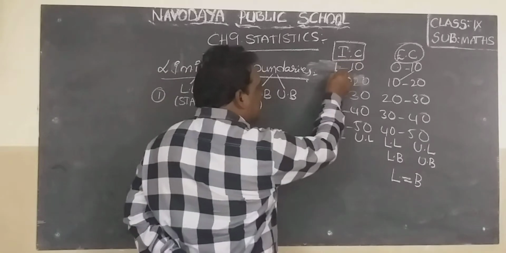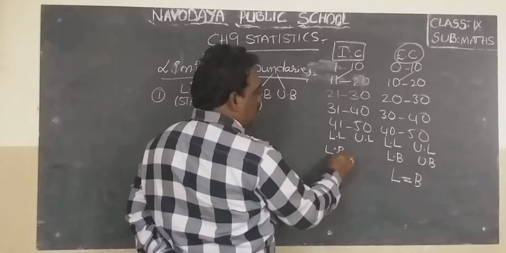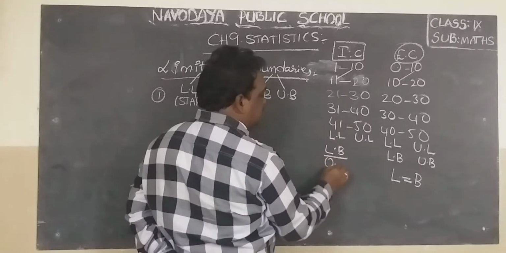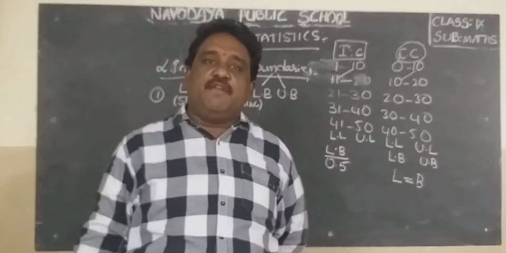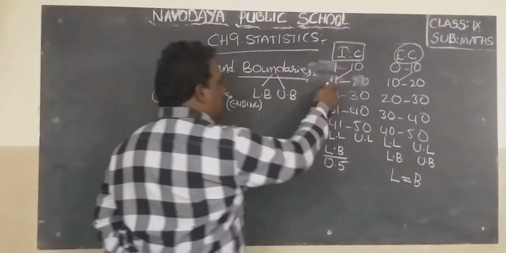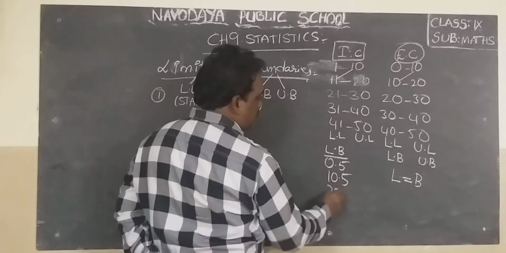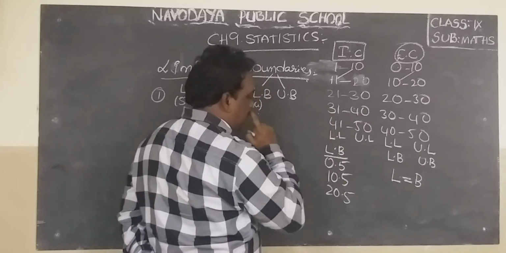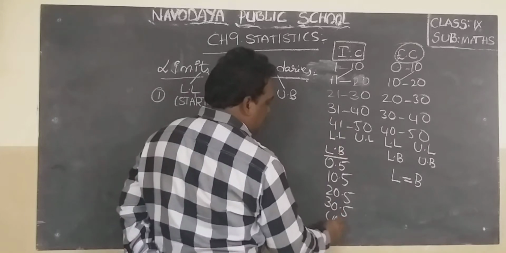In inclusive classes, one is known as the lower limit only. I want the lower boundary. How do we get the lower boundary? Subtract 0.5 from the lower limit. Suppose 11 becomes 10.5, 21 becomes 20.5, 31 becomes 30.5, 41 becomes 40.5.